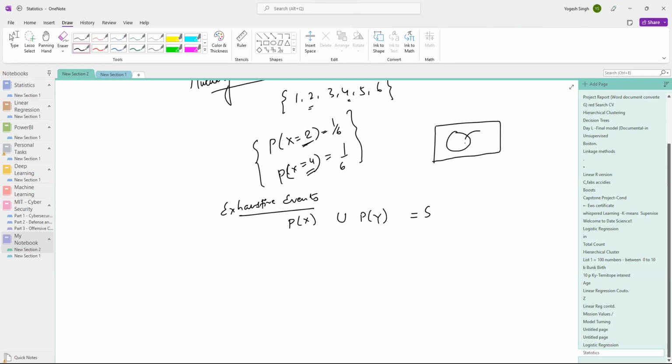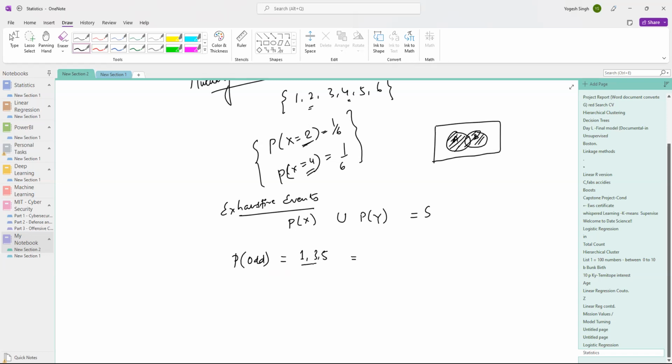Set theory, A and B. So this is A, this is B, this is A union B. Now what is A union B? It is the sample space, right? So if there are two events whose union gives me the entire sample space, they are known as exhaustive events. Let us say the probability of getting odd numbers in the roll of a die: it is 1, 3 and 5.